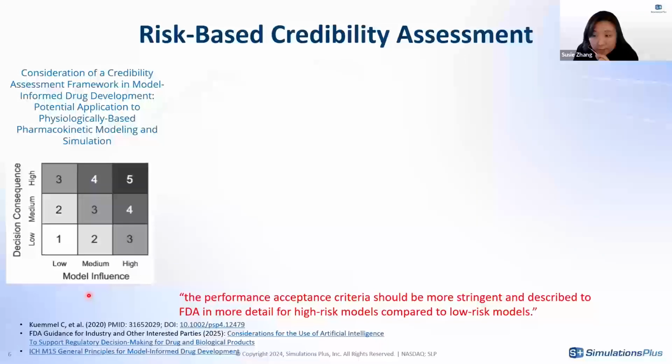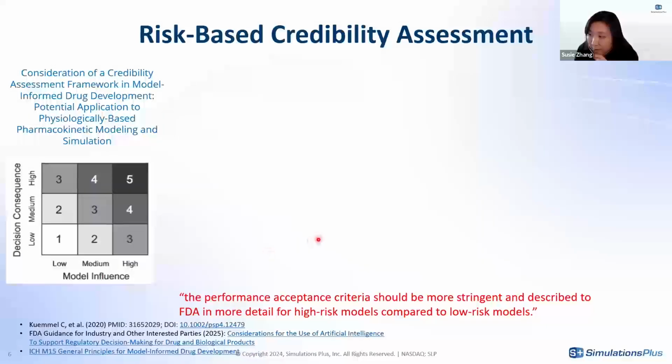And the assessment may change over time with your model or with your program development, where you accumulate more evidence and have more knowledge about drug development of specifically your compound. So that was an early publication.